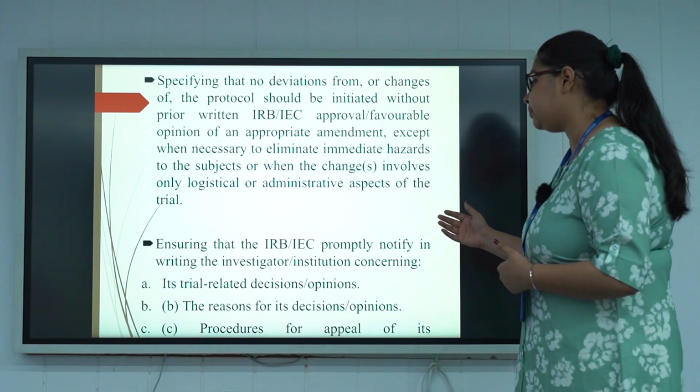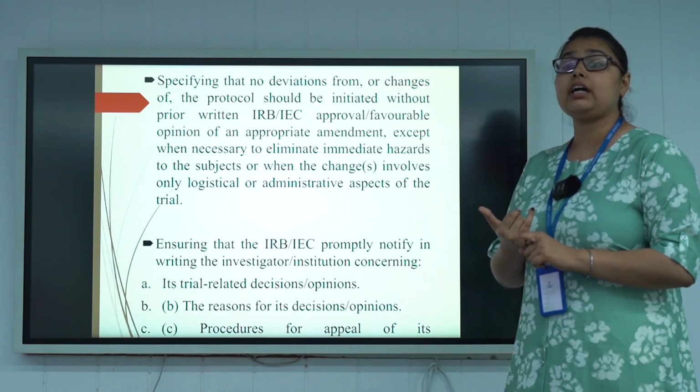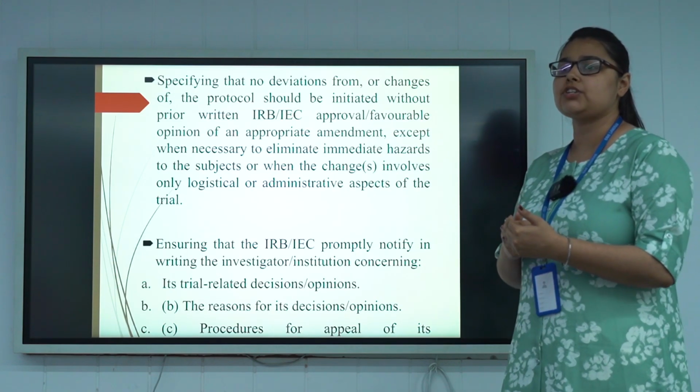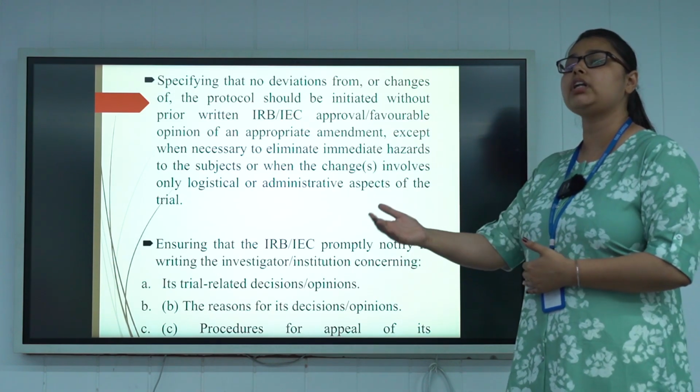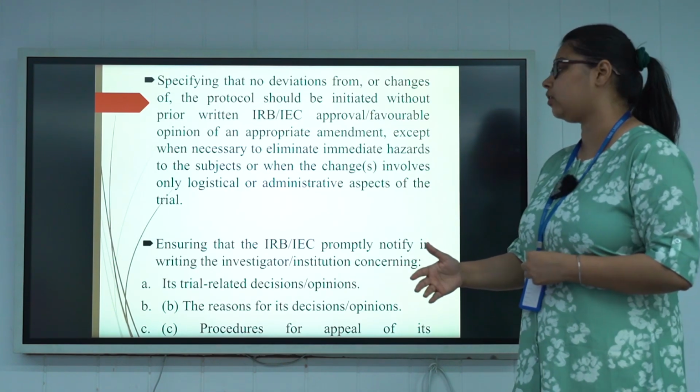Ensure that the ethics committee notifies their members of its trial related decisions and the reason behind their decision. If they have disapproved the protocol, then what are the reasons that they have disapproved, what they did not understand.